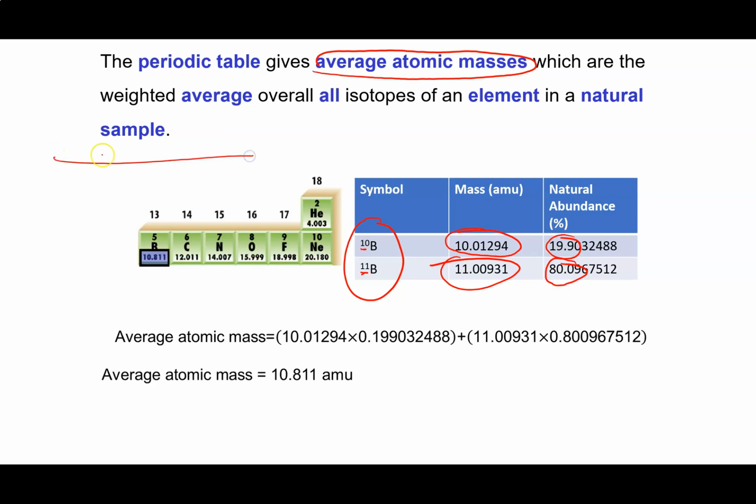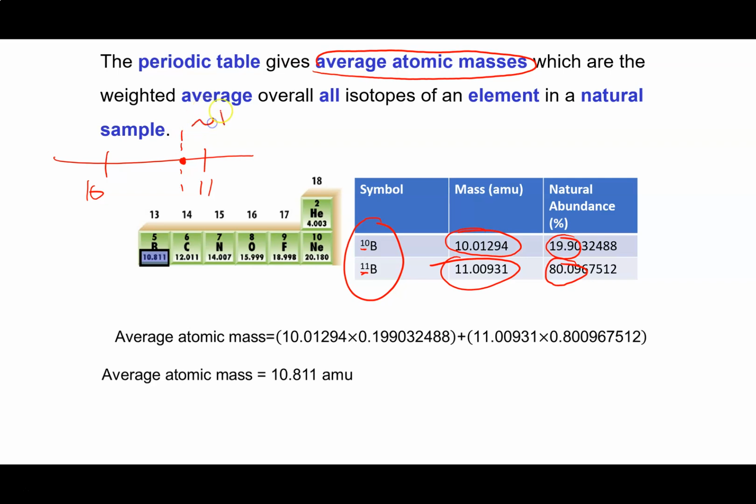So we've got one isotope that's about 10 in mass, and we've got one isotope that's about 11 in mass, and about 80% of it is found to be the heavier one. So on average, if you just picked out a couple of 100 atoms of boron from a natural sample and averaged the mass, you would expect to get a number that is a lot closer to 11 than it is to 10, right?